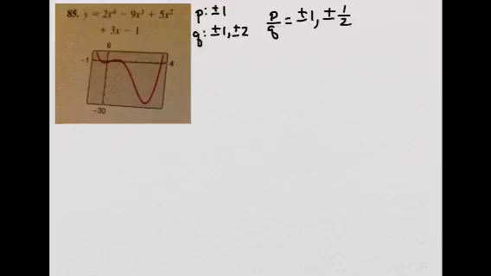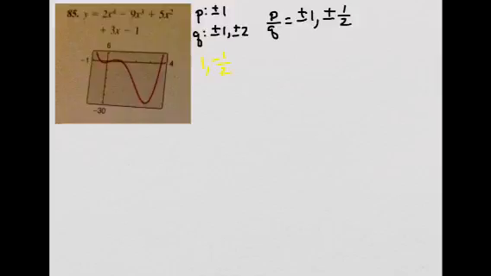So based on the picture, it looks like it might be 1 and possibly negative 1/2. It looks like it's negative 1/2 right there. So let me just erase it so you can get a better view. So I'm thinking I'm going to try positive 1 and negative 1/2.